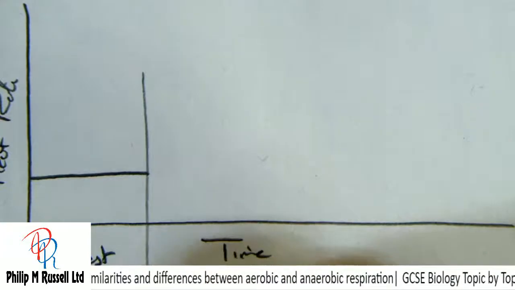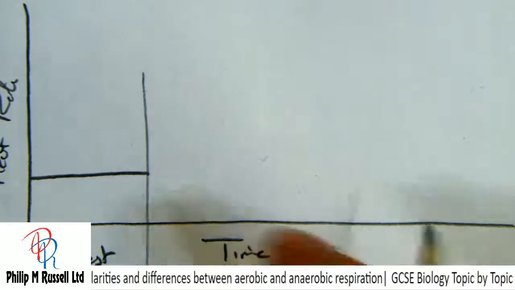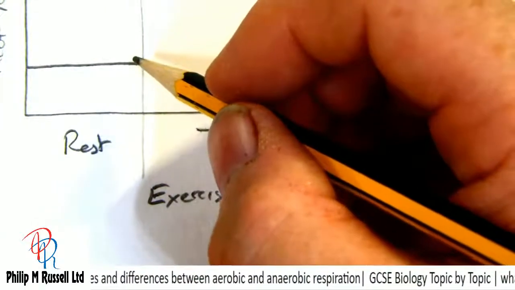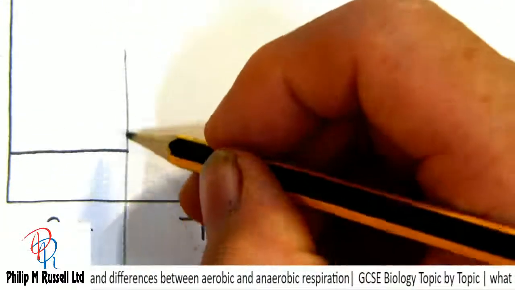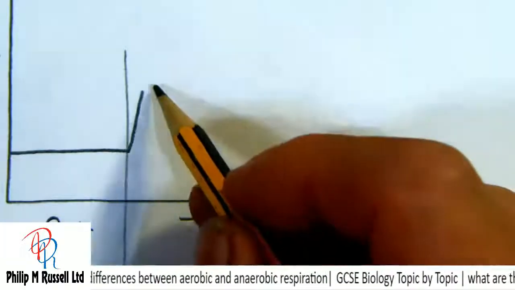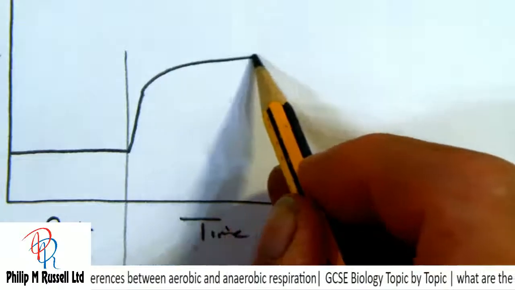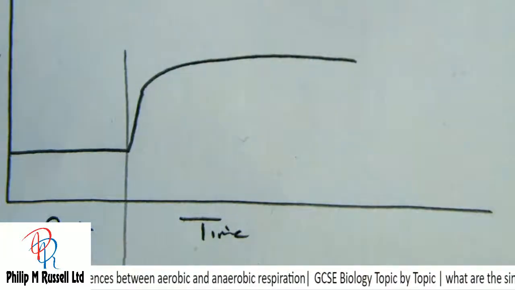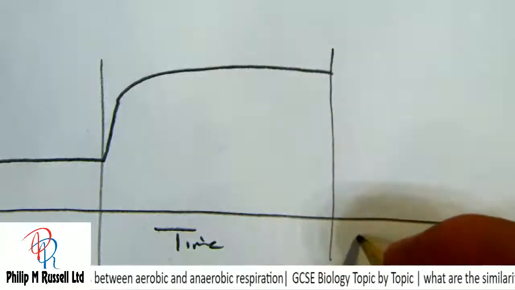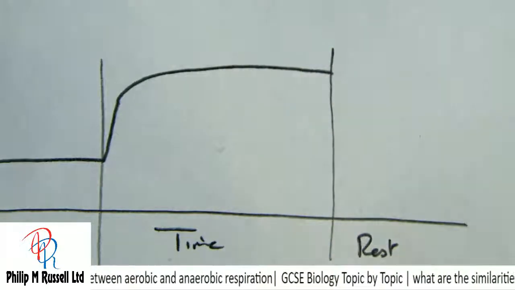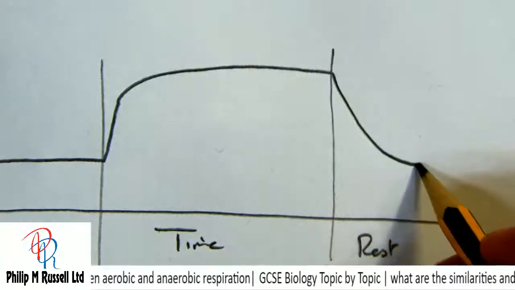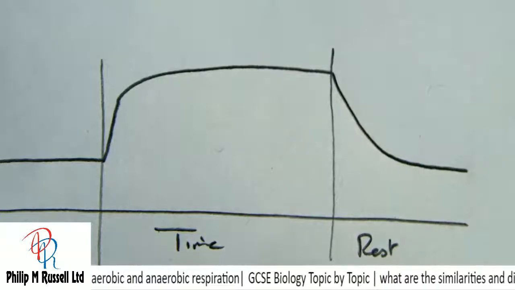Then we're going to start some exercise at this point here, and what we see is my heart rate goes up very rapidly, and then stays there, and then when I come to do some rest, it's going to return to normal.